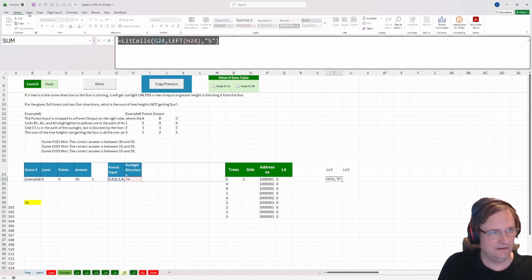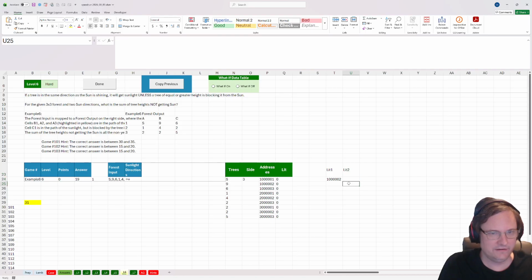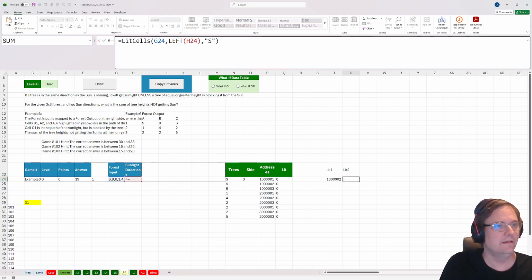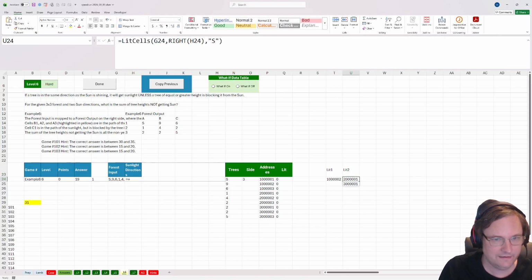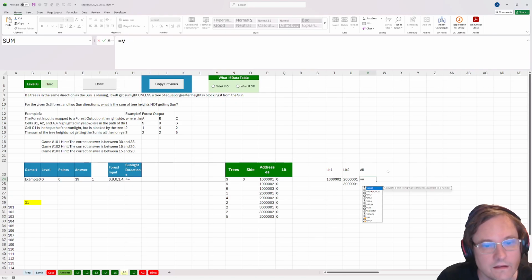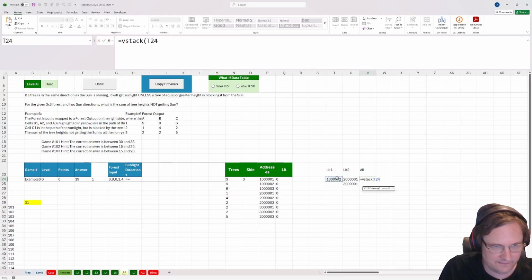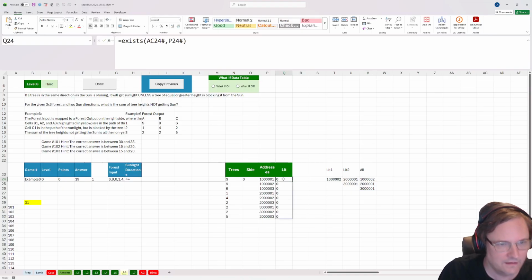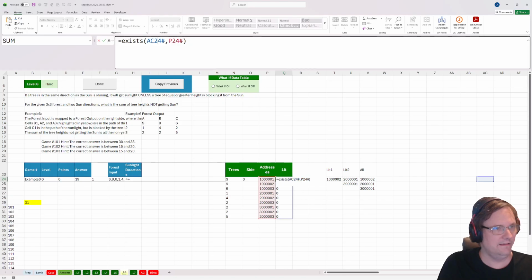All right, so that is the lit for one direction. This is the lit for the right arrow. Then all is VSTACK these guys. Doesn't matter if there's duplicates. And then the EXISTS, right, needs to check on this one.